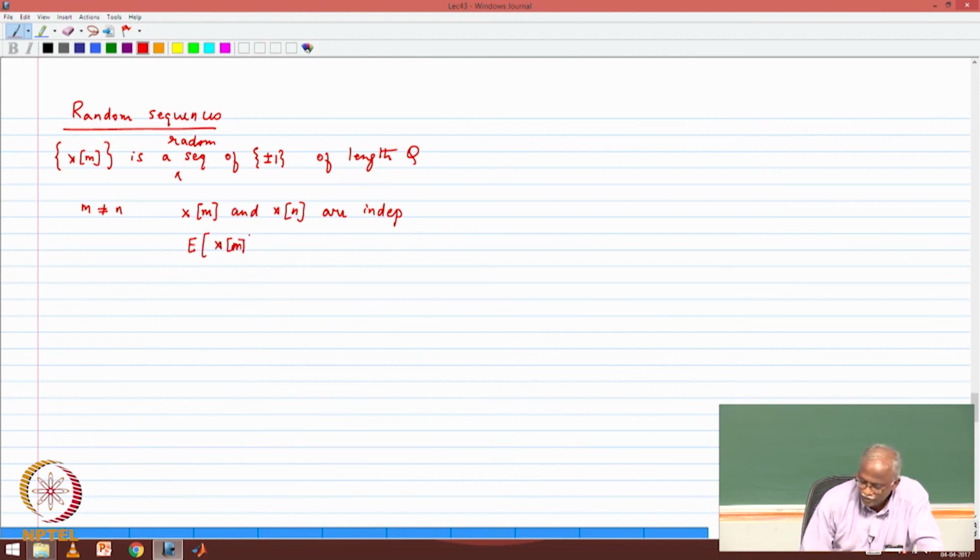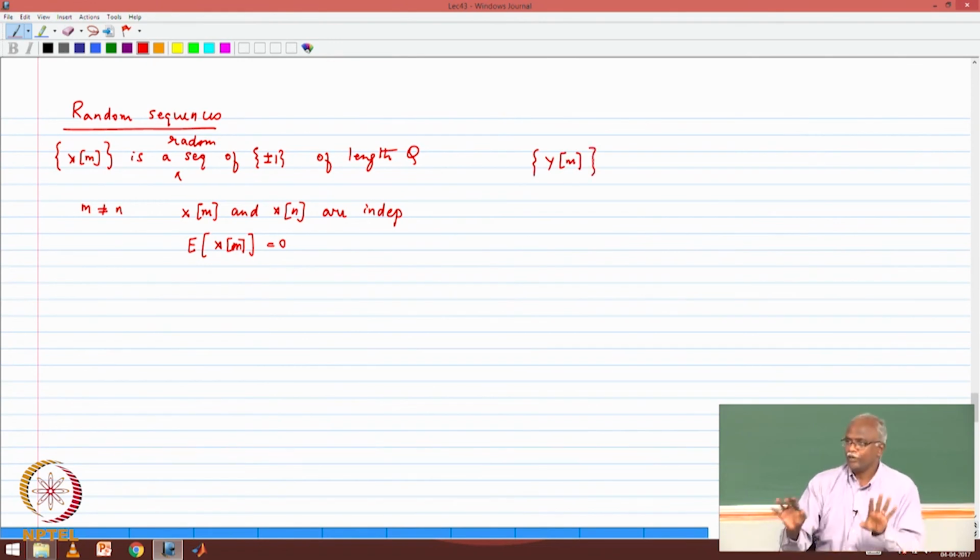Expected value of x of m is 0. Now if I have another sequence y of m, I can think of it as the waveforms that I need for two users.